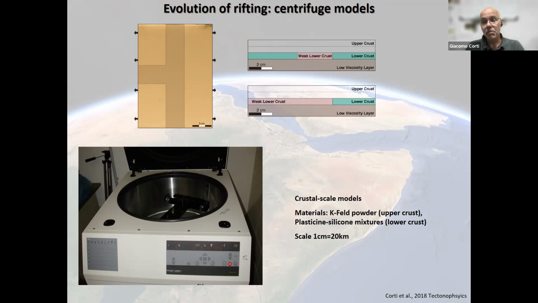They use very simple materials like sand or silicone, as normally done in analog modeling, to reproduce the complex stratigraphy and the vertical stratification of the crust or the lithosphere. So they, of course, have to simplify the complex geological systems.